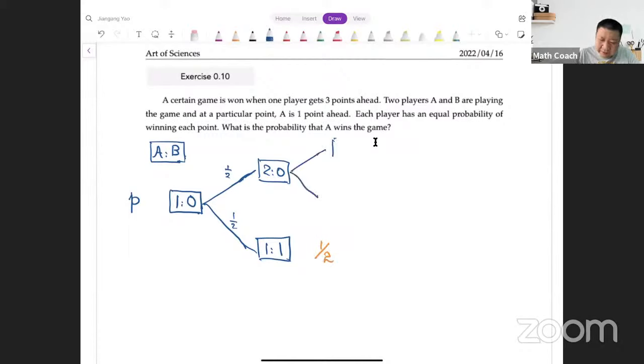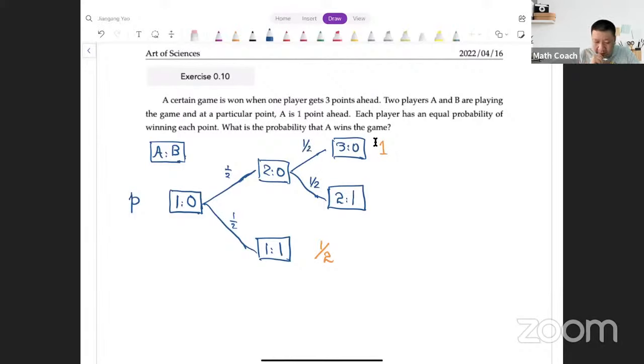And then that becomes 3, 0. Oh, it becomes 2, 1, right? So 3, 0. So the remaining probability is 1, right? So here this will be half, and this is half, and 2, 1. So what would be the situation?